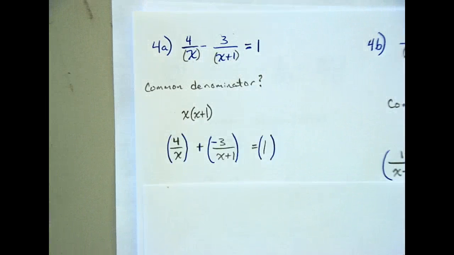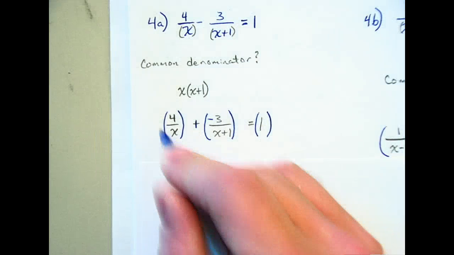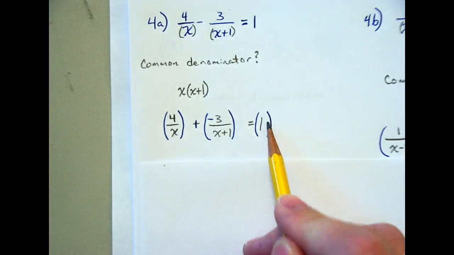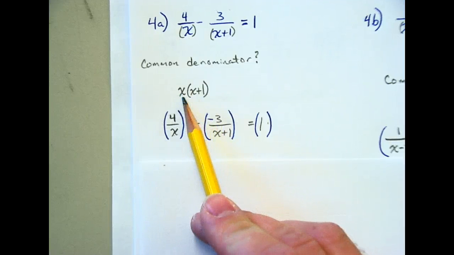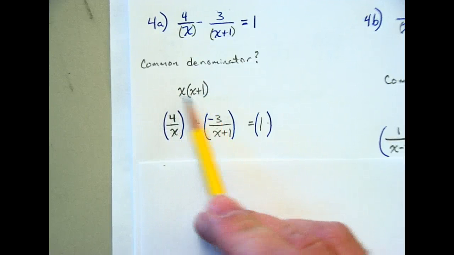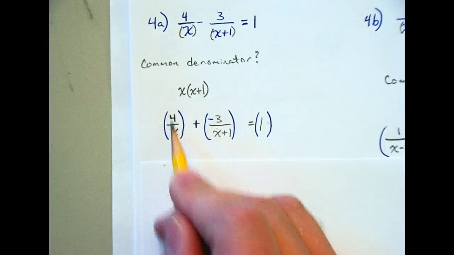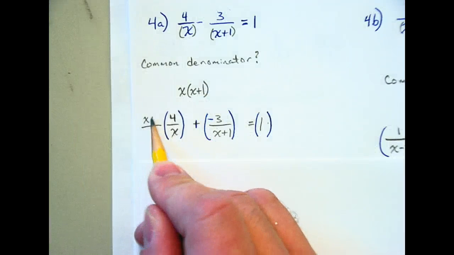Okay, so if we rewrite that problem, make it look like that, you're multiplying each part by either both pieces here, the x and the x plus 1, or if it has the x, it just needs the x plus 1. So the 4 over x has the x, so we're going to multiply it by the x plus 1.